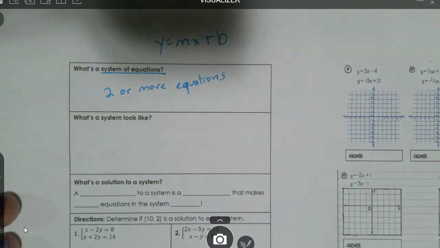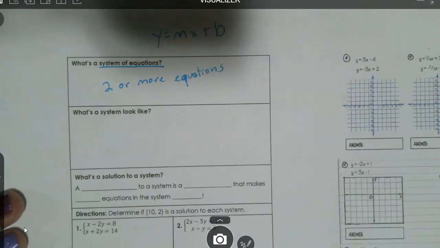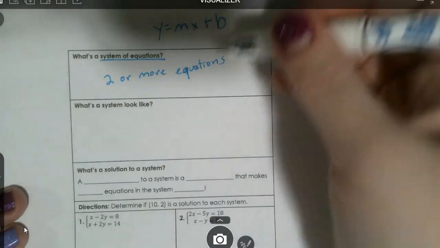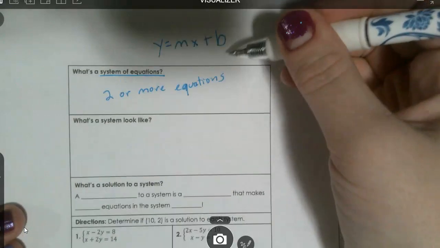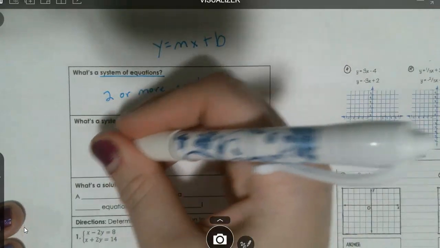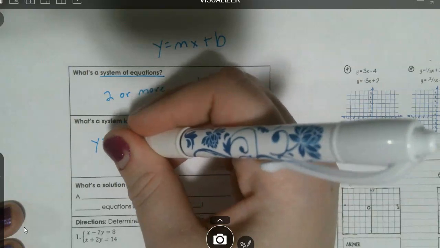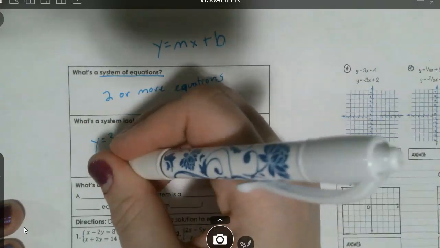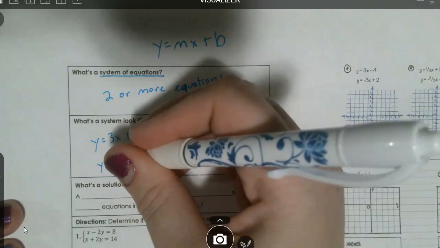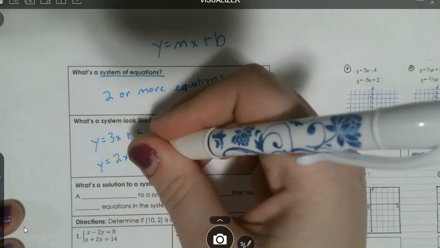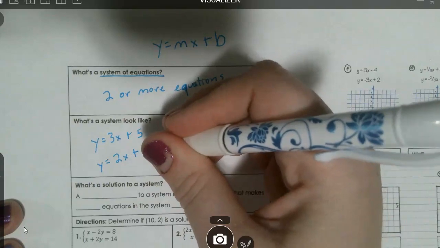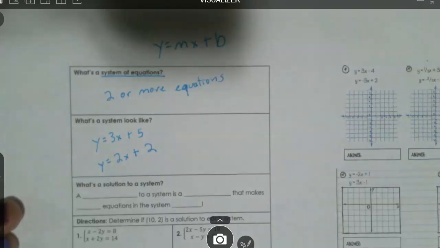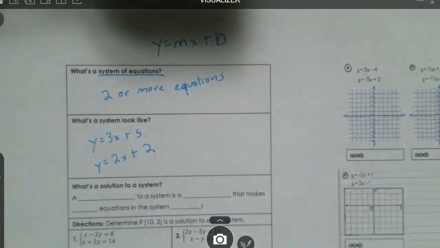So, what does a system of equations look like? Well, if I had two equations like this, I would have two equations in slope-intercept form. And what we would be looking for is an answer to both of the equations that would make them both true.